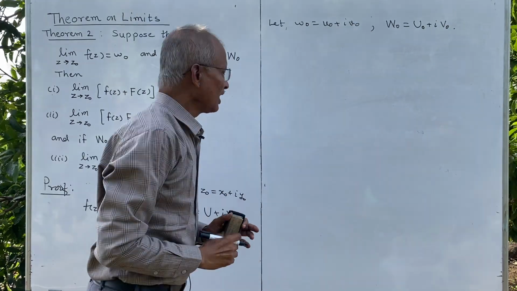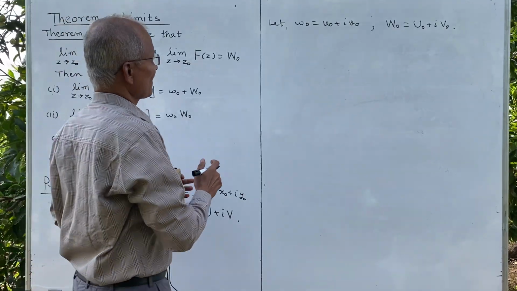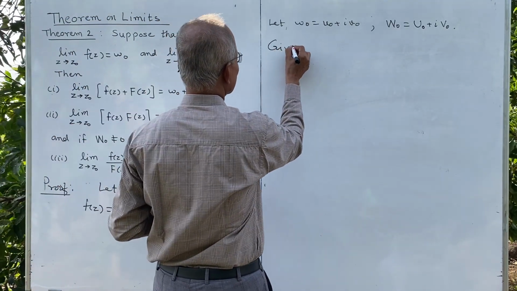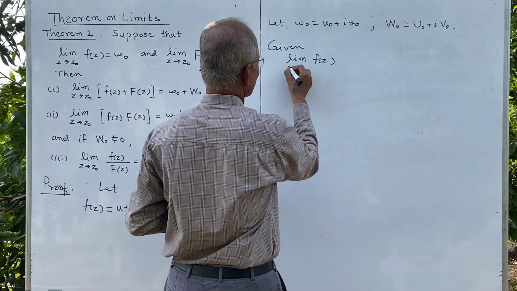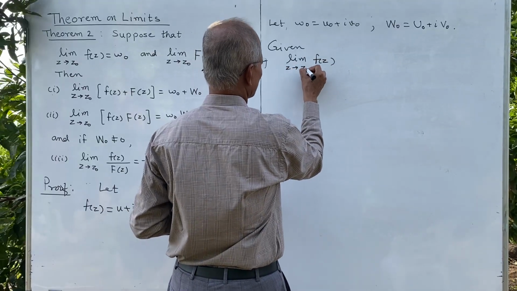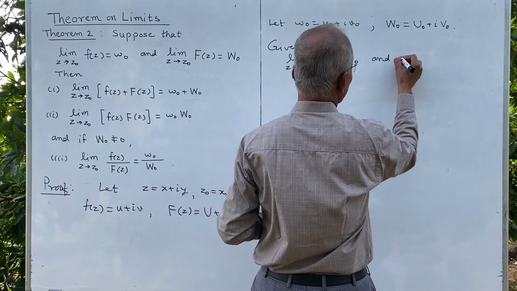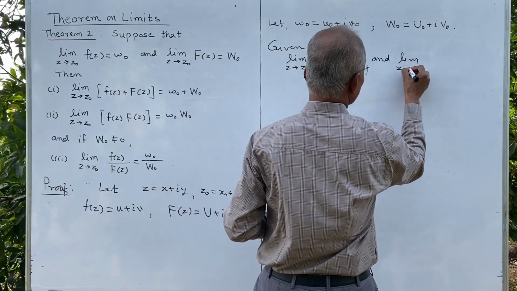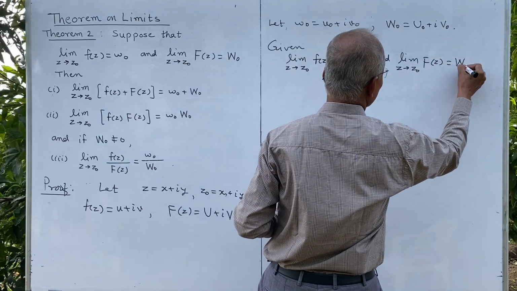And what is given here is that the limit of f of z as z tends to z naught is equal to w naught, and the limit as z tends to z naught of capital F of z is equal to capital W naught.